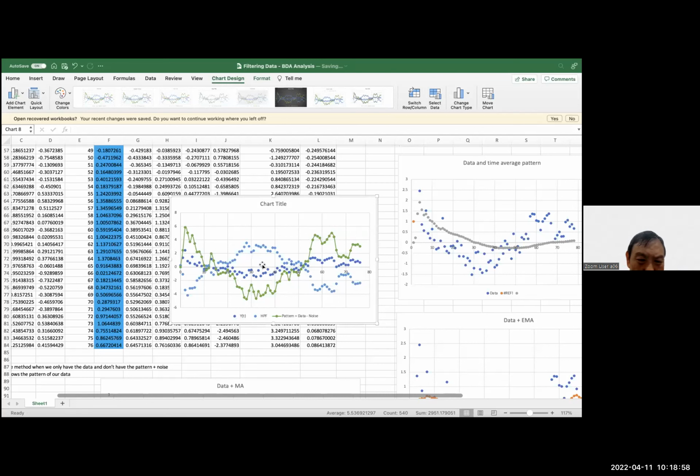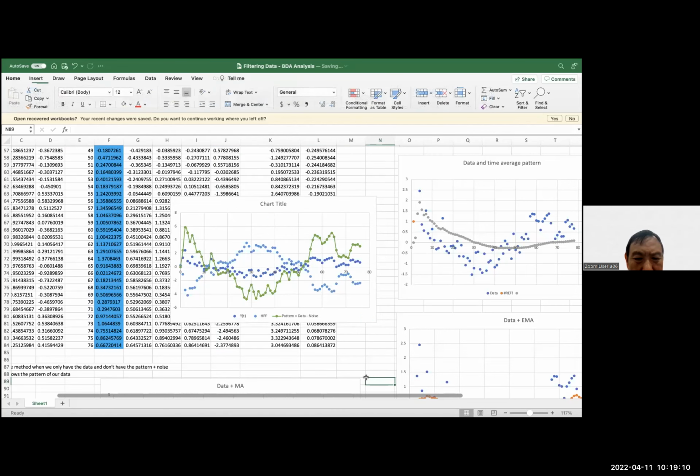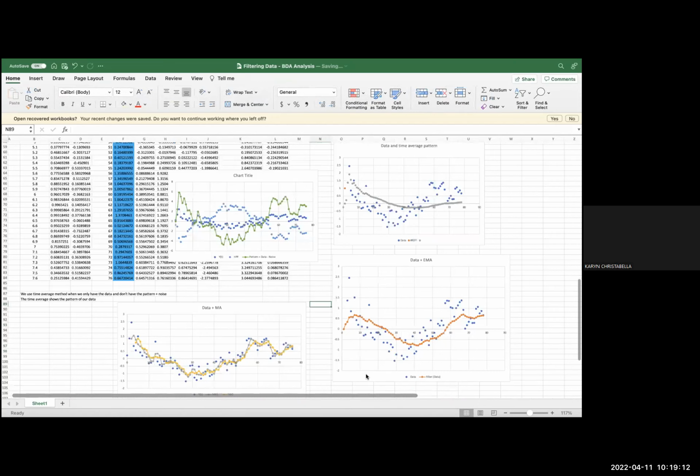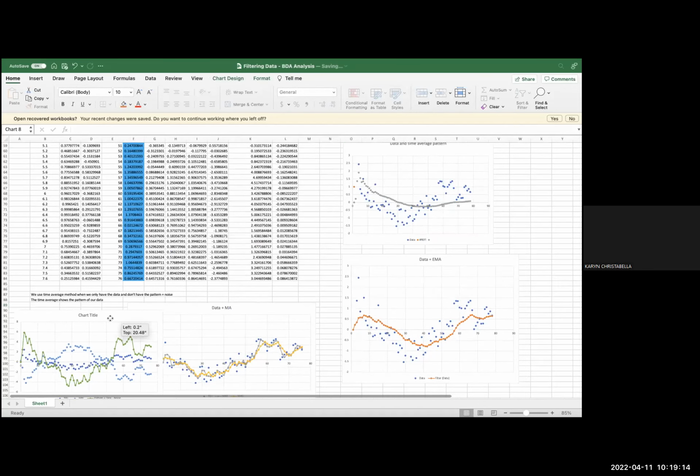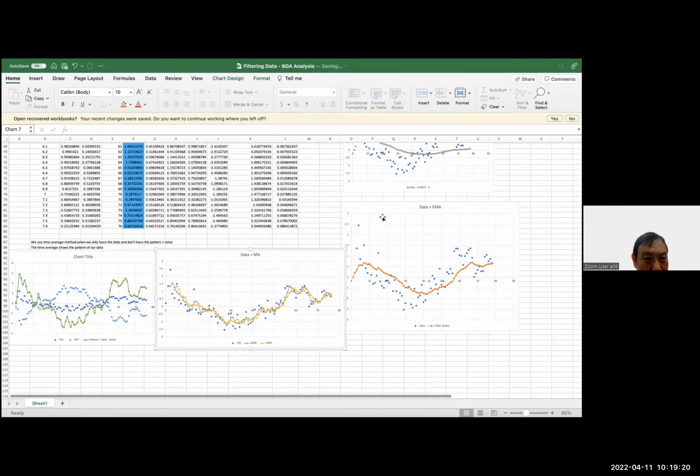Is that the pattern? Yeah, okay. Only for the pattern. Okay, sir. So this is the pattern based on the high pass filter. That's another way, right? Yes.